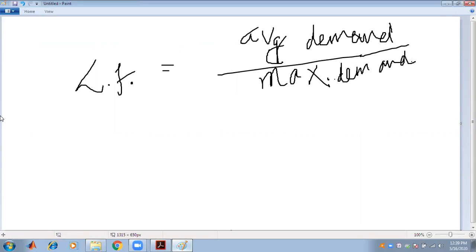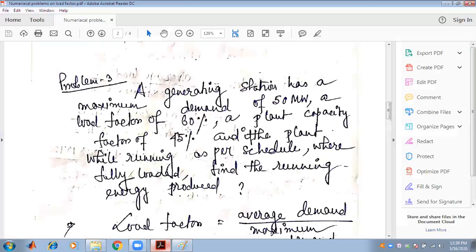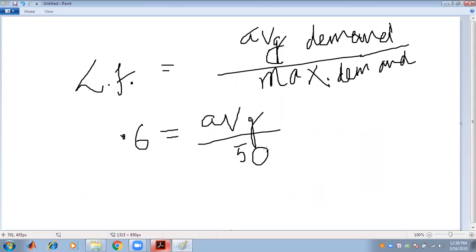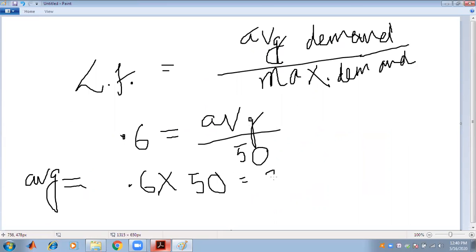It is given that the load factor is 60% and the maximum demand is 50 megawatt. So the load factor is 0.6, and we have to find the average demand. The average demand is 0.6 into 50, that is 30 megawatt.